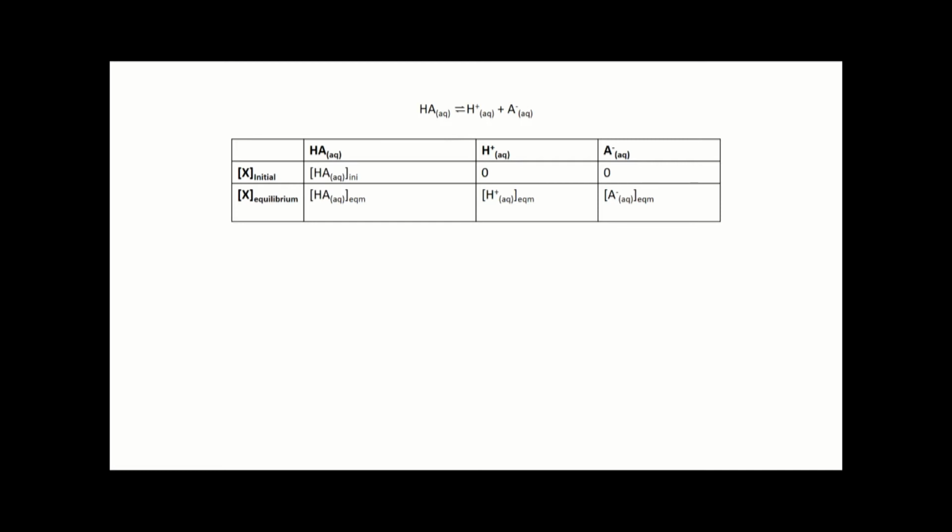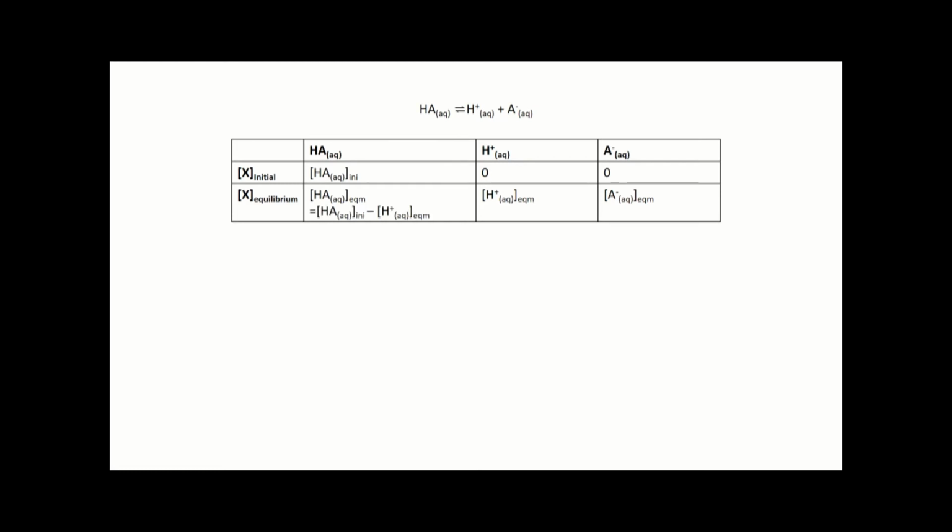And because of that, we know that the HA concentration at equilibrium is actually equal to the initial concentration minus the concentration of the H plus, because everything that's been made into H plus has been made in a 1:1 ratio from the original HA.